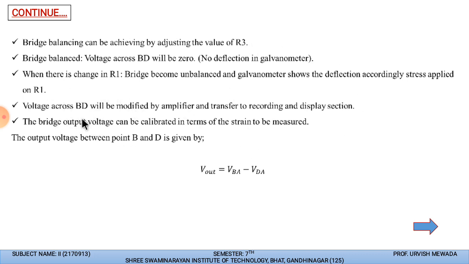The voltage across BD will be modified by an amplifier. If the value we get is small and not capable of being measured, it needs to be amplified.